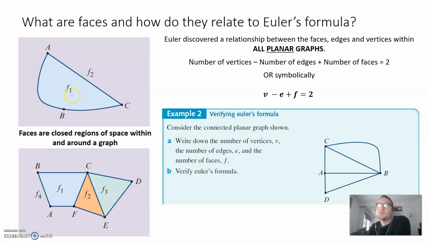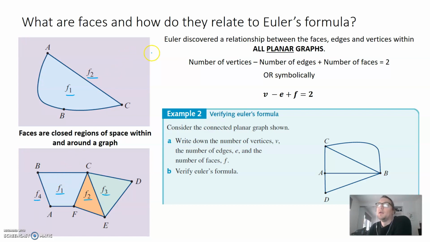A face is a closed region of space within and around the graph. This graph here has two faces because we've got the inside area and then the outside area. This graph has four faces because it's got three windows made by the connections between the edges and the vertices, and then the fourth face on the outside.